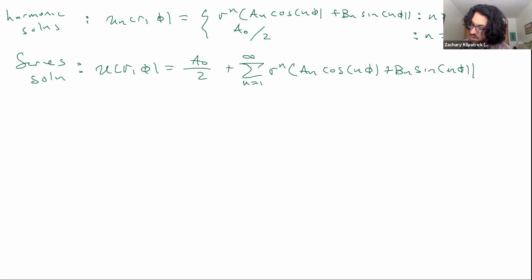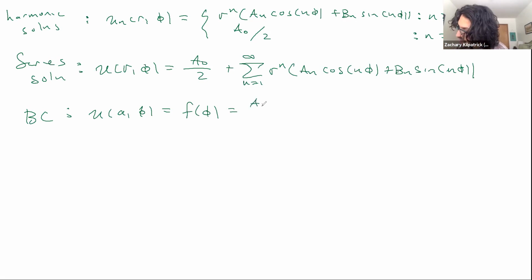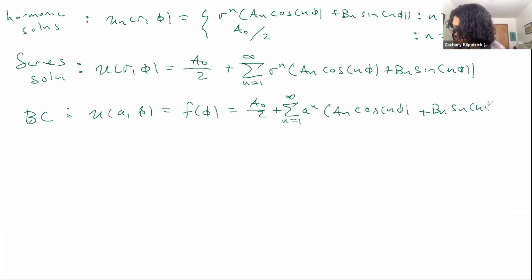So my boundary condition now is going to be u of a, phi equals f of phi. This is equal to a 0 over 2 plus the sum from n equals 1 up to infinity. Should be a plus sign there. A to the n, a n cosine n phi plus bn sine n phi.